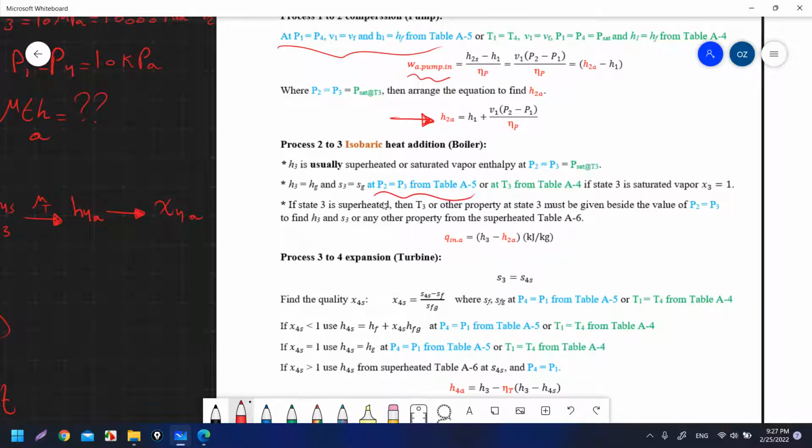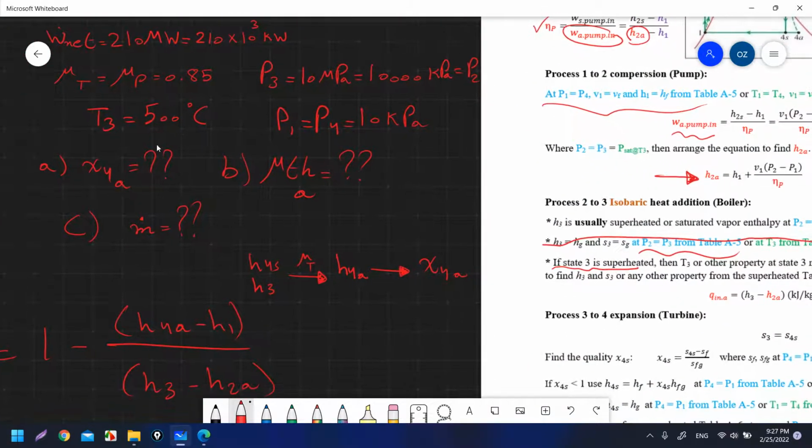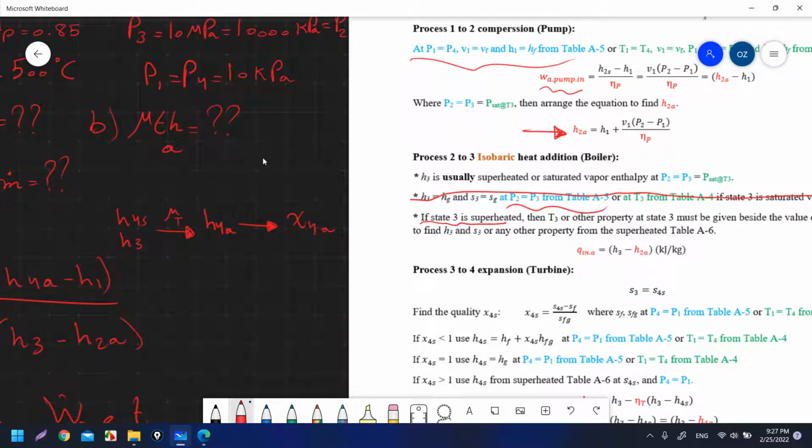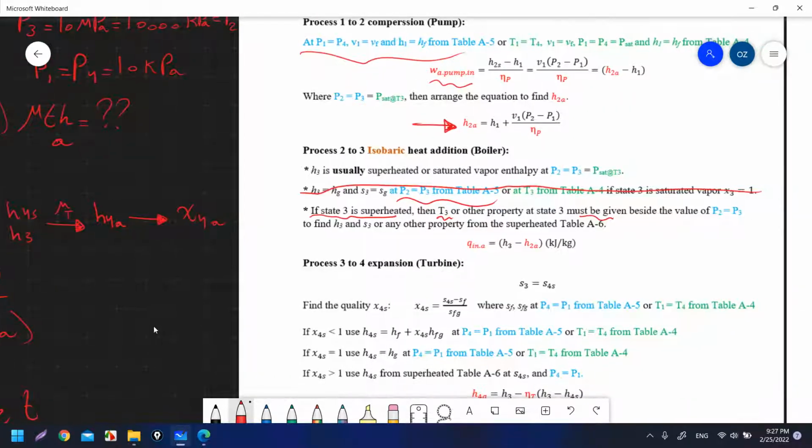Nothing is mentioned about saturated vapor or the quality at state 3, so we'll ignore this one, and we will check if state 3 is superheated or not. I am given T3 and the pressure at state 3 in the question.